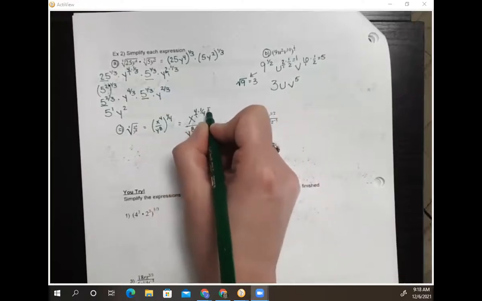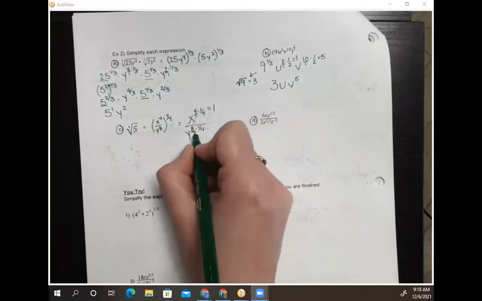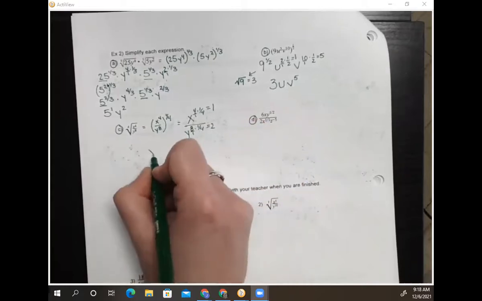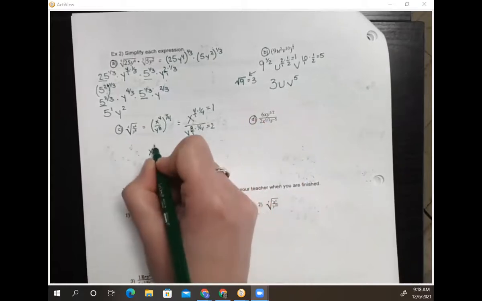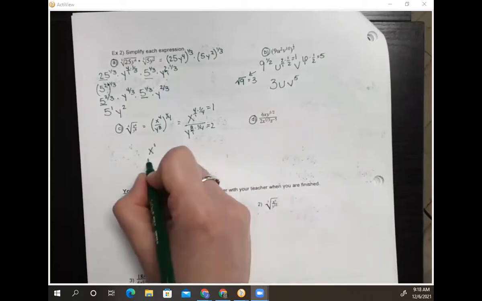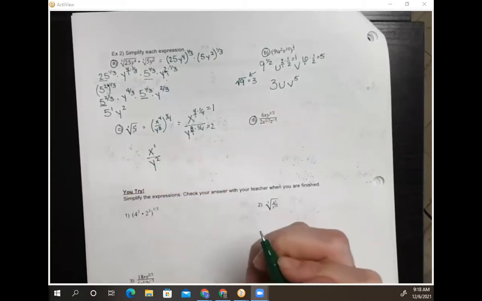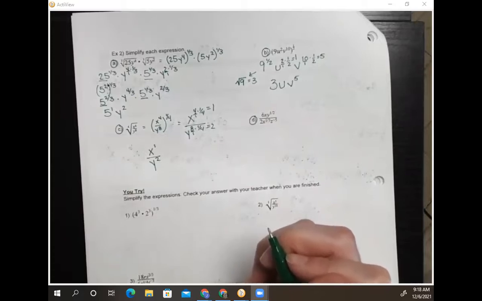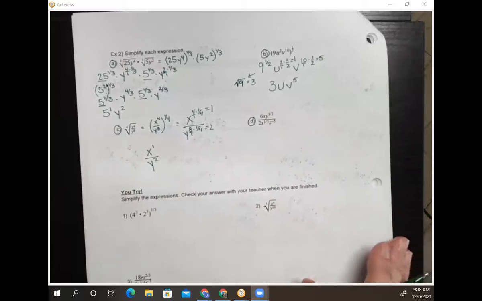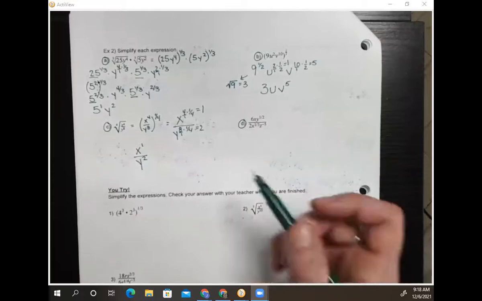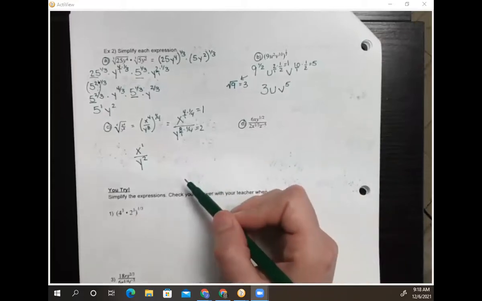So this would be 4 over 4, which is 1. This would be 8 over 4, which is 2. So our simplified version here would be x to the 1st, or just x is fine, over y to the 2nd, over y squared. Questions for me on C?